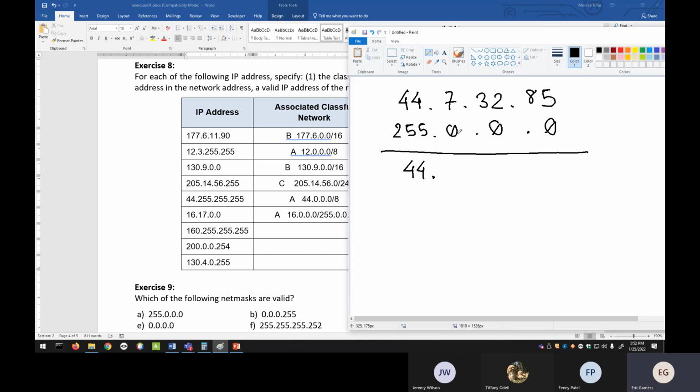Whatever you have bitwise AND with 0 will be 0. It's normal because look, the separation is here. If the separation is here, I maintain the left part and I put in 0 the right part. Okay, and this gives me the network address, which is the very first IP address of the network, no?